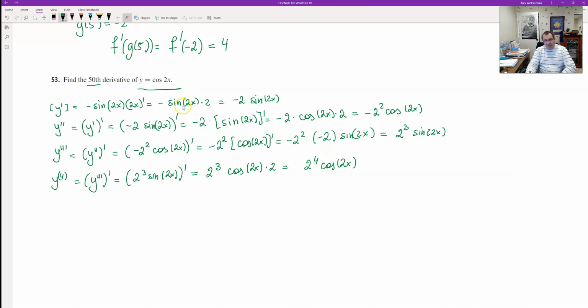Now, we've made 4 derivatives. We took 4 derivatives, and we arrived pretty much where we started, except for the factor of 2 raised to the 4.